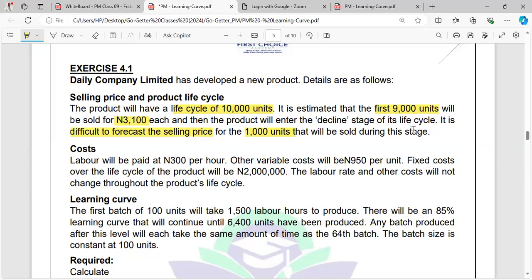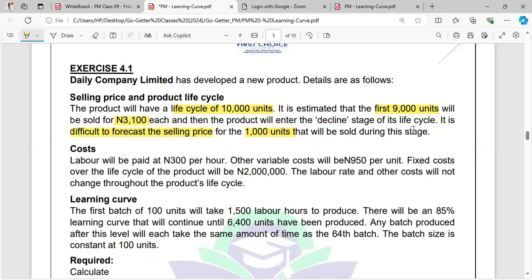Now we are told about costs. This is where you should pay attention. Costs, labor. Now, the learning curve, before I go further on this question, has to do with labor. Learning curve has to do with manual labor. Why?